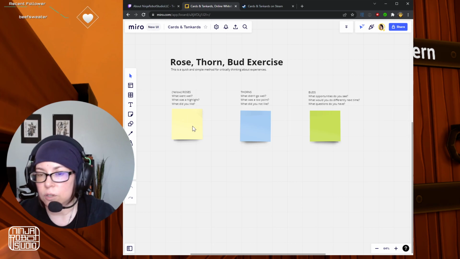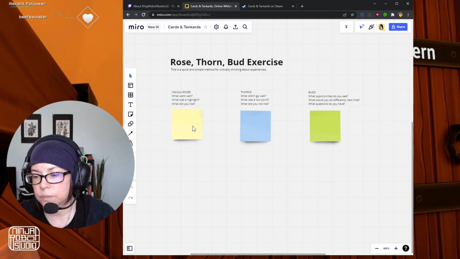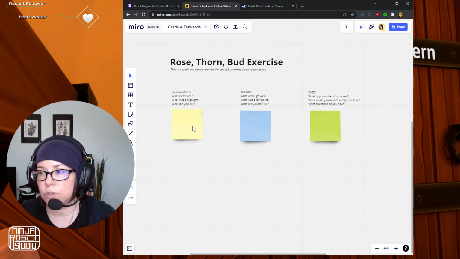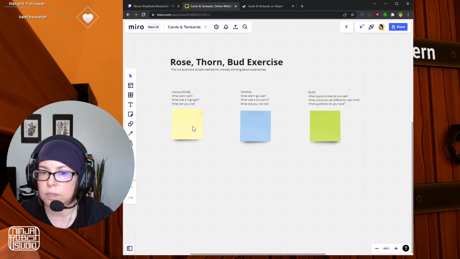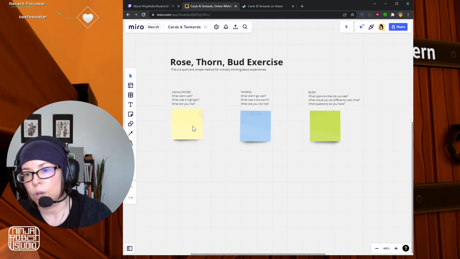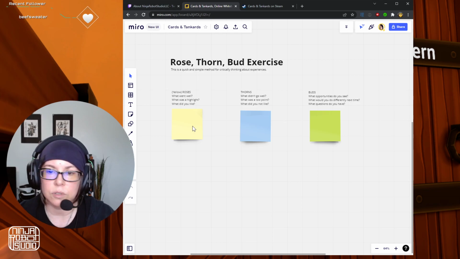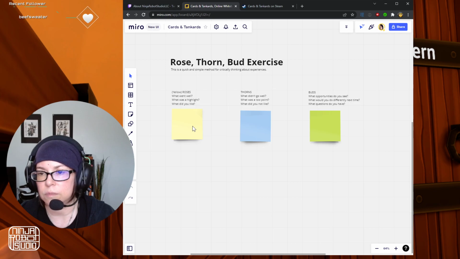Or if you go through and analyze it, these are the things that we need to verify with other people because I'm not my target audience. So all these thorns, things that I'm saying are thorns, we need to verify when we test. We need to keep an eye on this to see if this is an issue for anyone else or if it's just me because of certain situations that I'm in, and so forth.